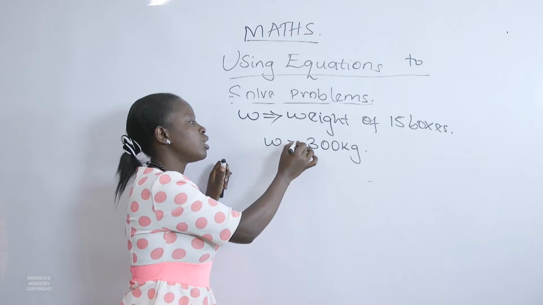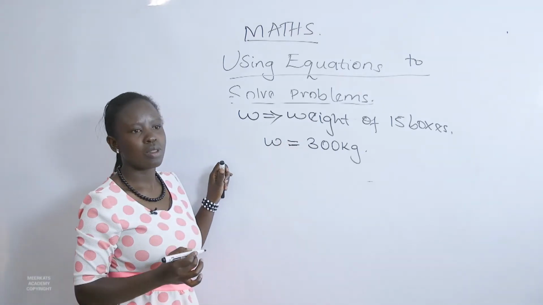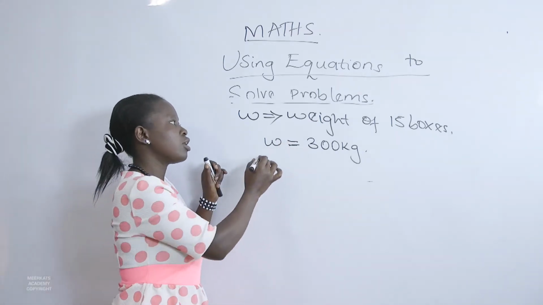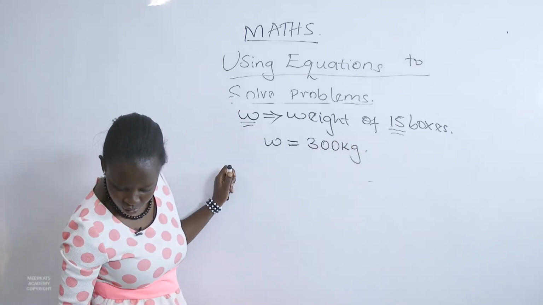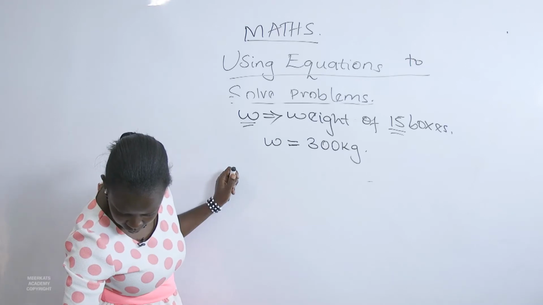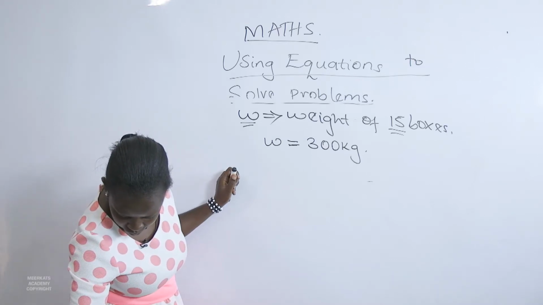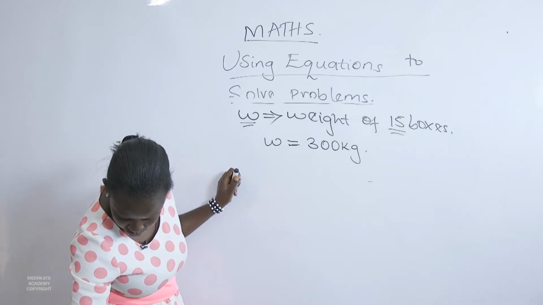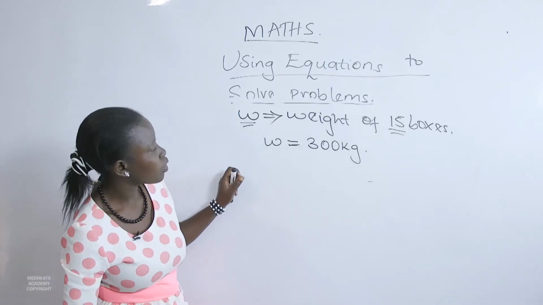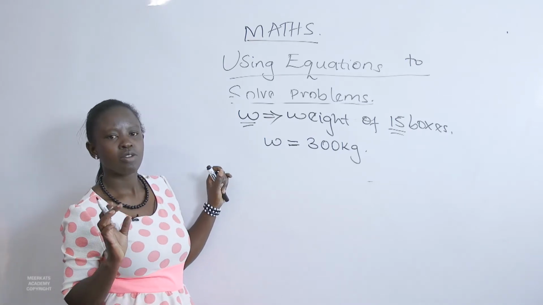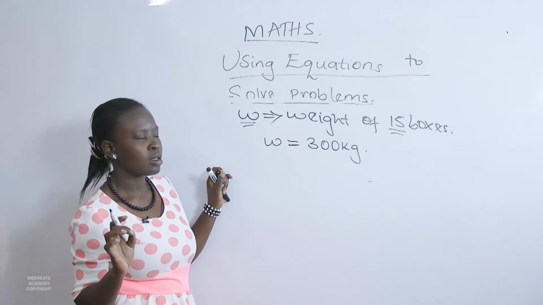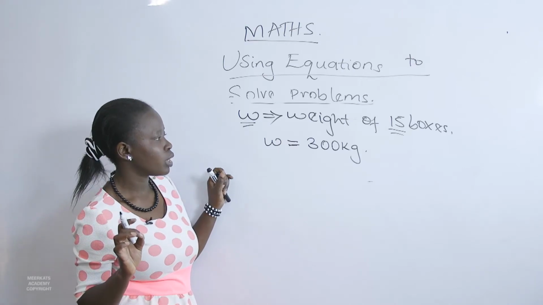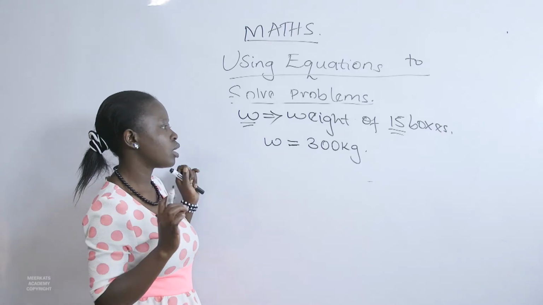So if W is equal to 300 kilograms, and W is representing the total weight of the 15 boxes, I need to get the weight of one box.